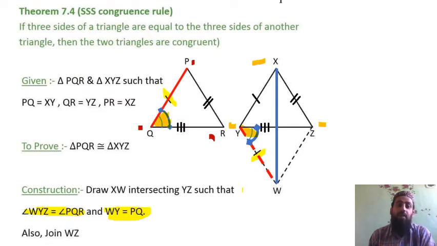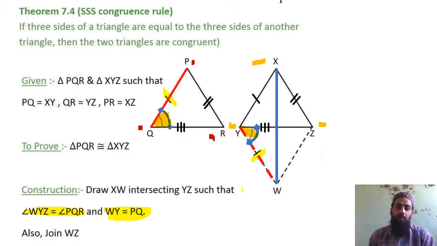These two should be equal. So this is our construction. We have to draw a line XW such that side WY is equal to side PQ and angle WYZ is equal to angle PQR. This is how we are actually copying the triangle PQR.